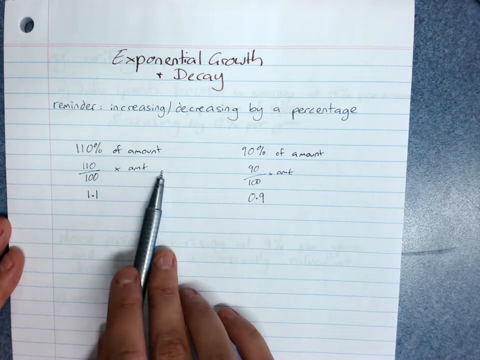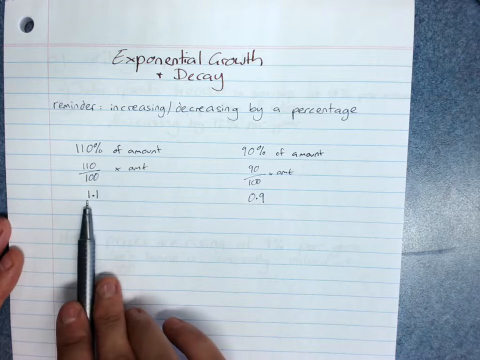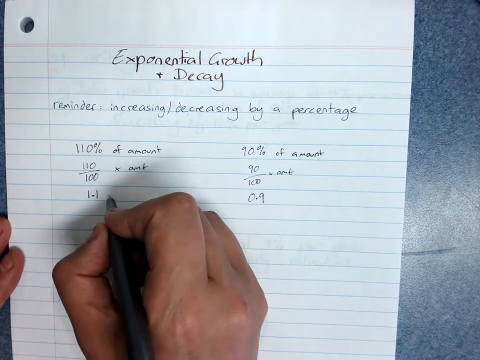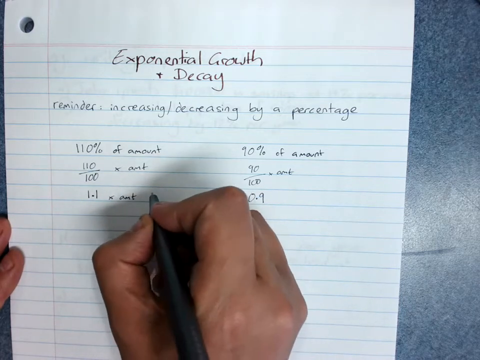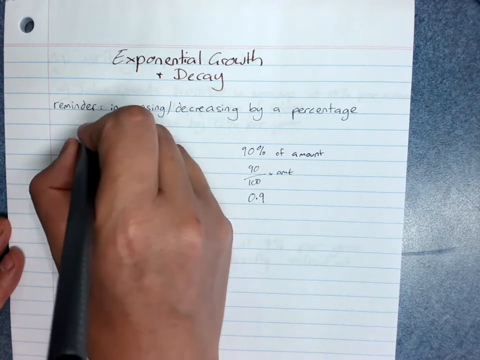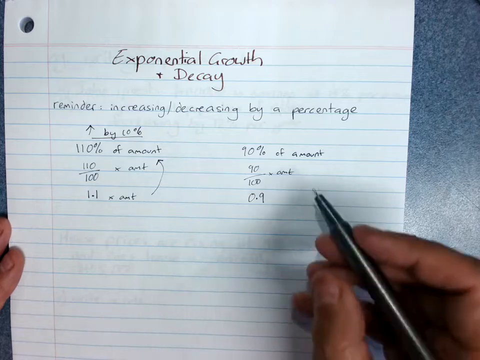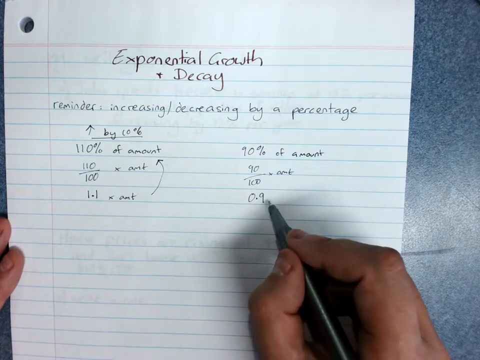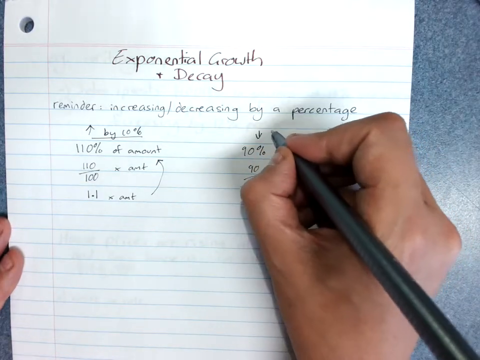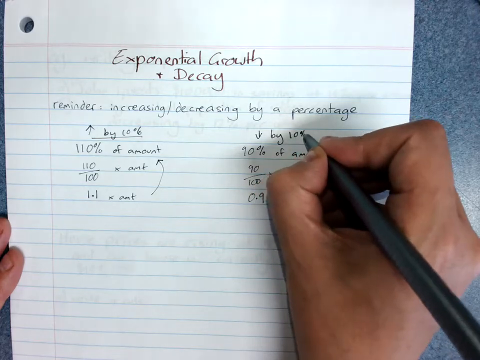So if I multiply an amount by 1.1, I'm increasing it by 10%. If I multiply an amount by 0.9, I'm decreasing it by 10%.